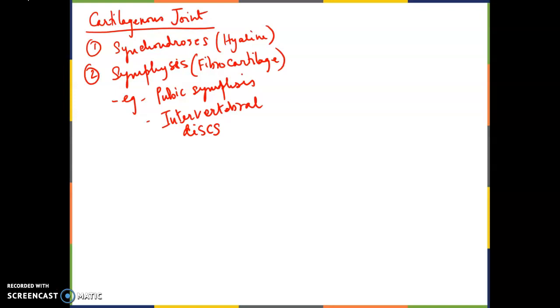Examples of synchondrosis involve the growth plate and the joint between the rib and the costal cartilage. Examples of symphysis include our pubic symphysis, which is slightly movable in females but totally immovable in males, and the intervertebral discs, which are present between the bones of the vertebrae.